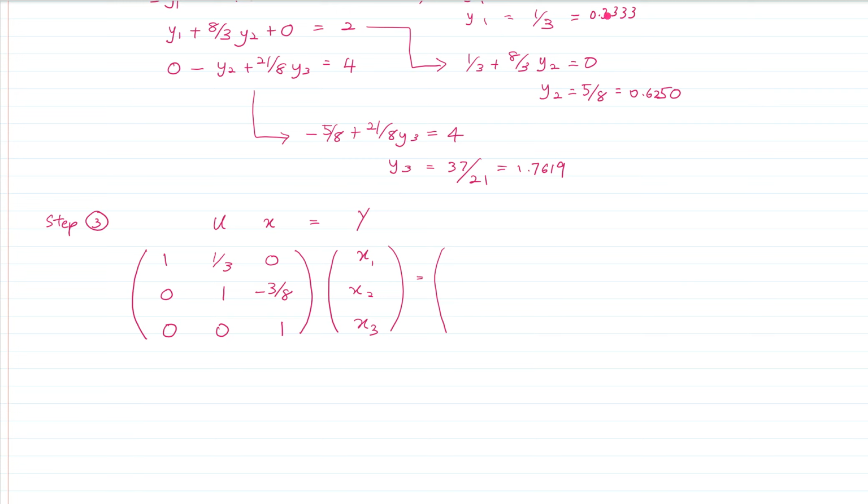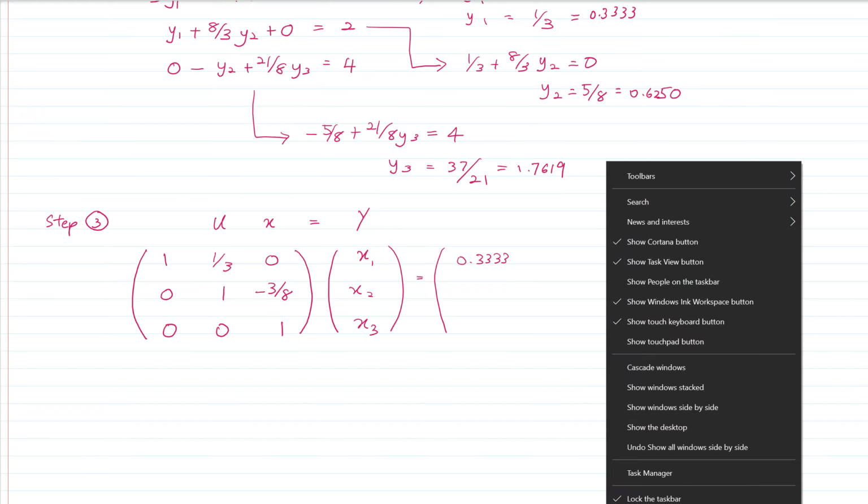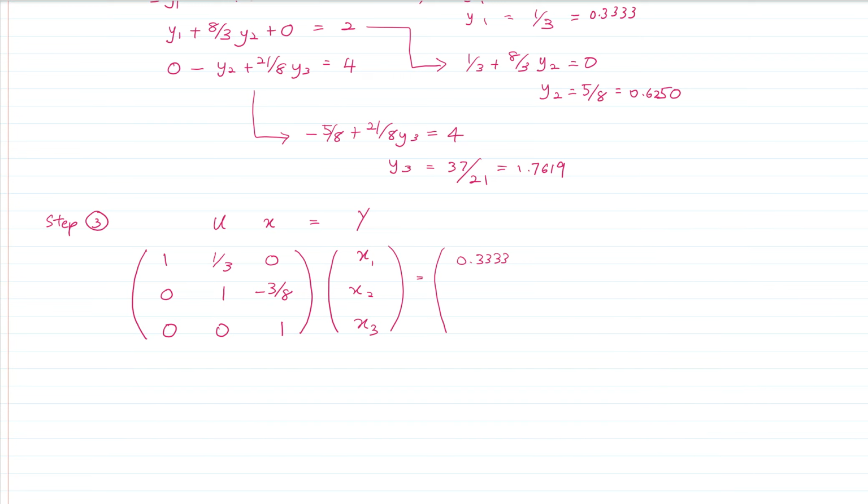So Y1 is 0.3333, Y2 is 0.6250, and Y3 is 1.7619.